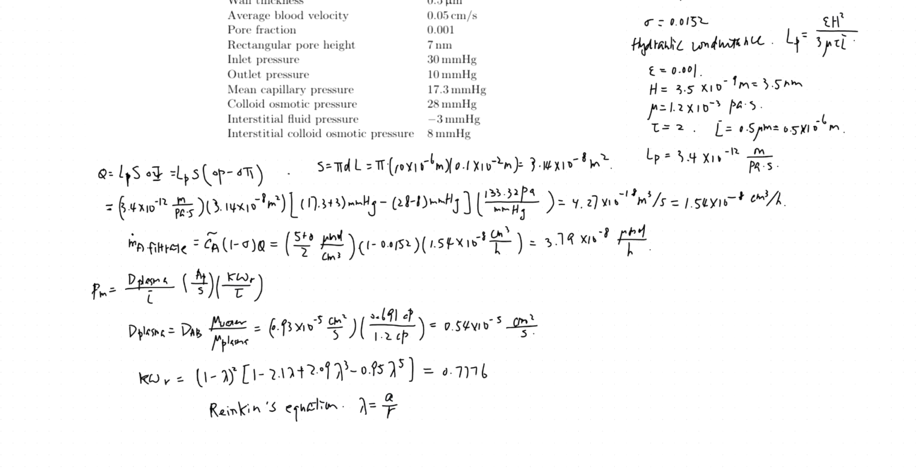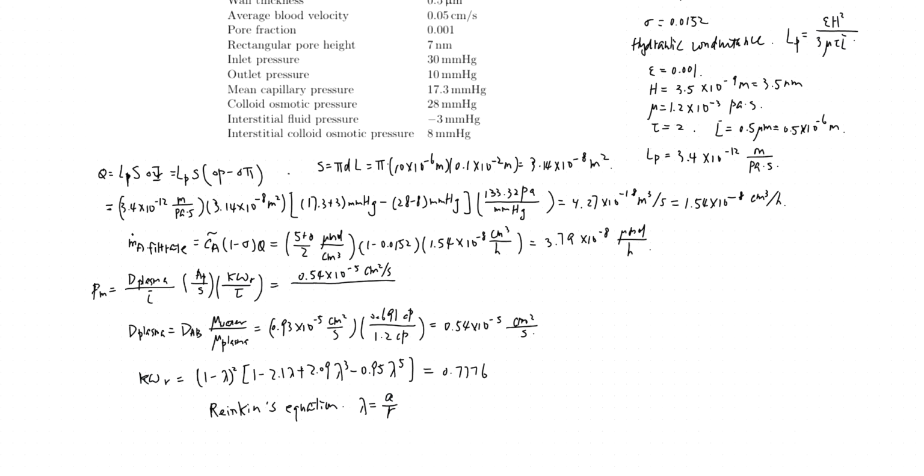Now you are ready to calculate plasma membrane permeability. So it is D plasma, 0.54 times 10 to the -5 centimeters squared per second. Now the L is again the membrane thickness.